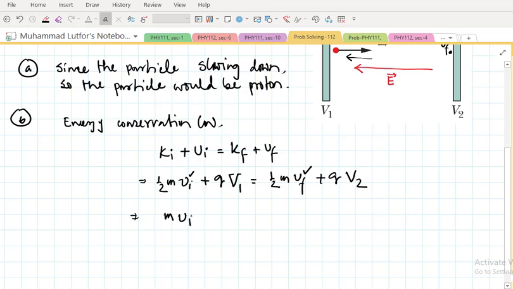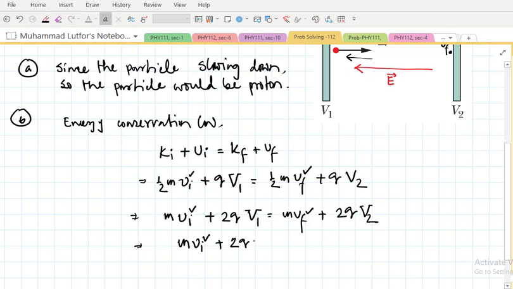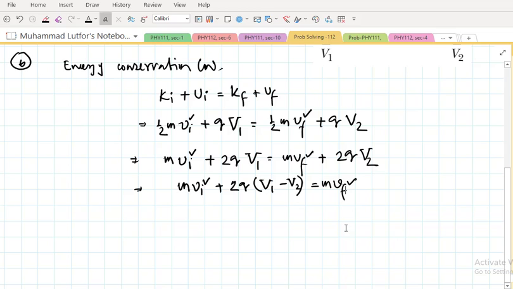I will find m Vi square plus 2 Q V1 equals m Vf square plus 2 Q V2. Then m Vi square plus 2Q times V1 minus V2 must be equal to m Vf square, right?